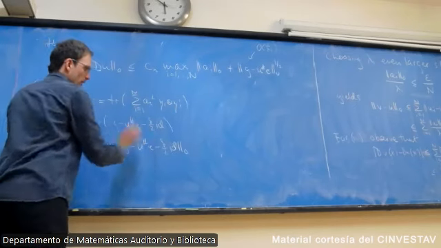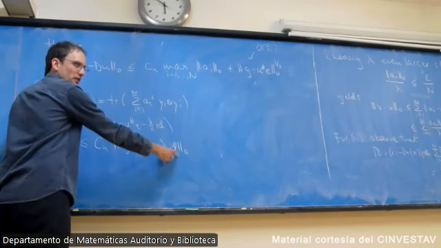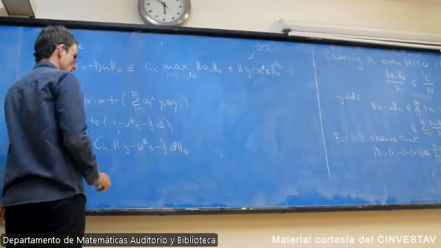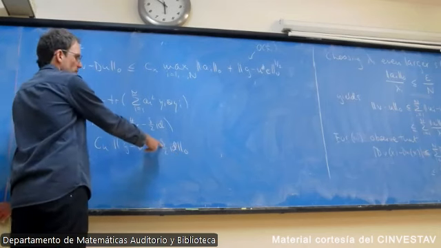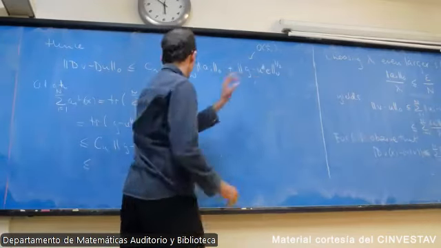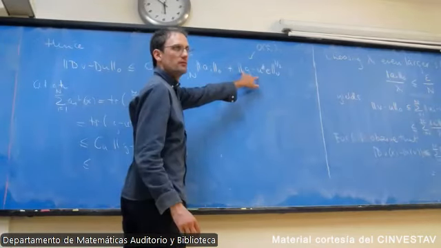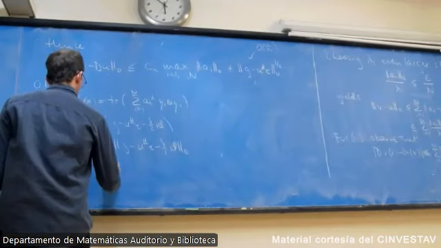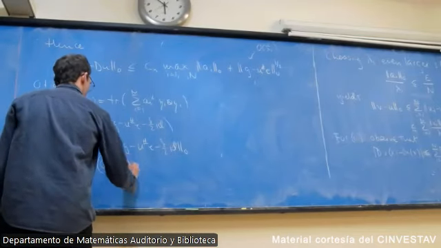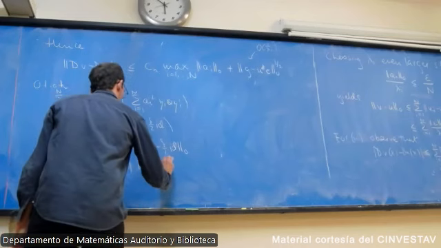And this piece is less than or equal to delta halves. If I choose delta small enough, in particular, delta halves is less than or equal to this one. So C_n, let's say C_n plus 1, times u minus u star.